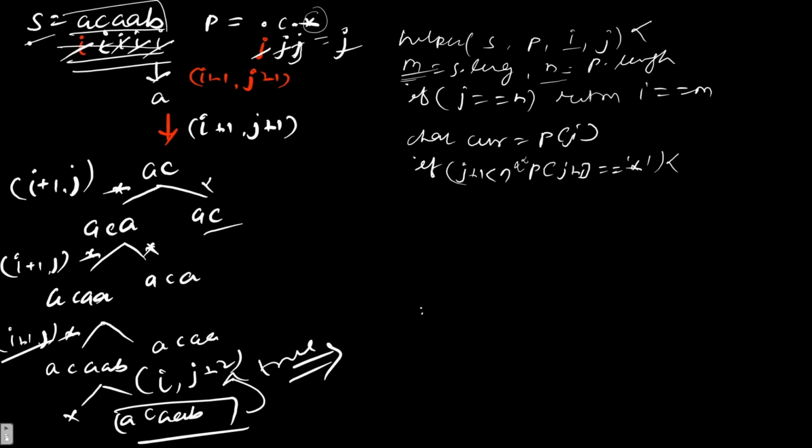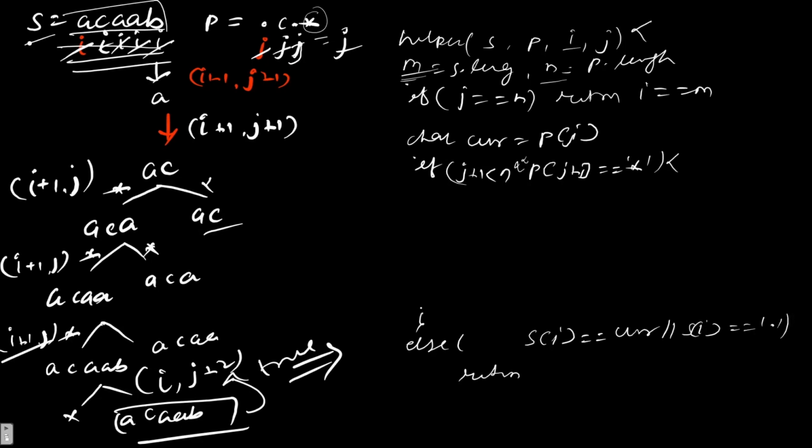and there can be one case when there is no star. In this case we will be checking whether s i is equal to current character or s i equal to dot, as we can match any single character with a dot. Okay, so in this case we will be returning something.